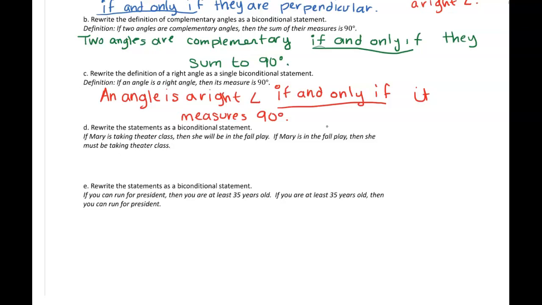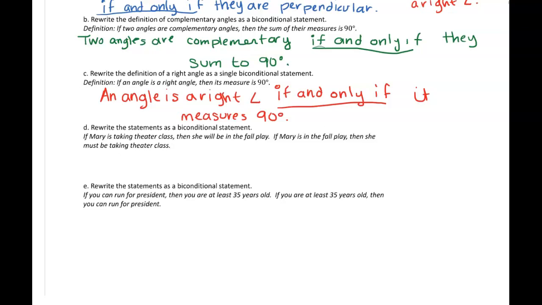Now notice on D and E, we actually have two conditional statements put together. D said, if Mary is taking a theater class, then she will be in the fall play. Then the next section says, if she will be in the fall play, then she must be taking a theater class. Those are just the conditional and the converse, because the only thing is flipped.